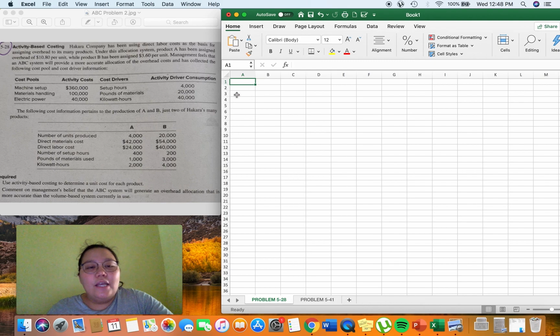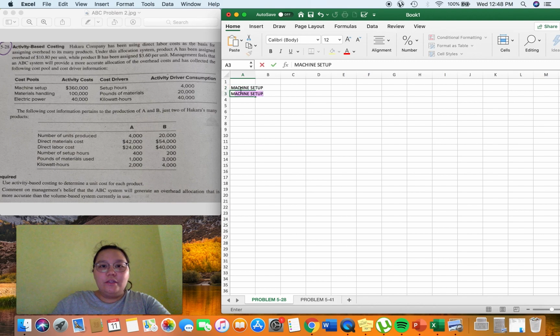Okay? So the first thing we are going to do here is to compute for an activity rate for each cost pool. Okay? So we have the following: machine setup, materials handling, electric power.